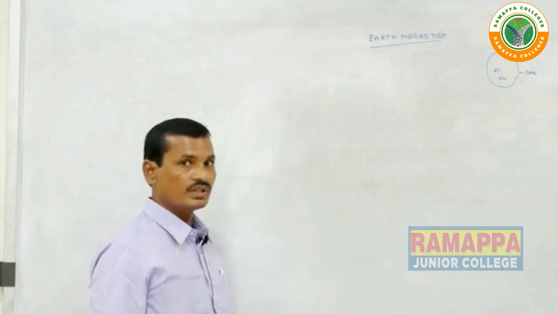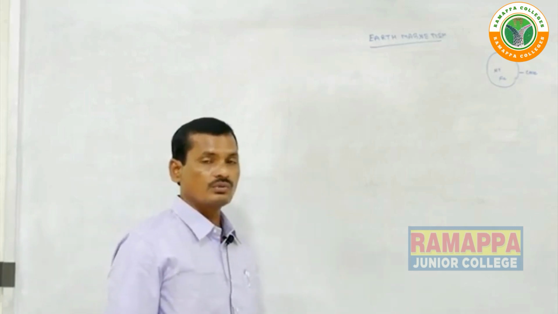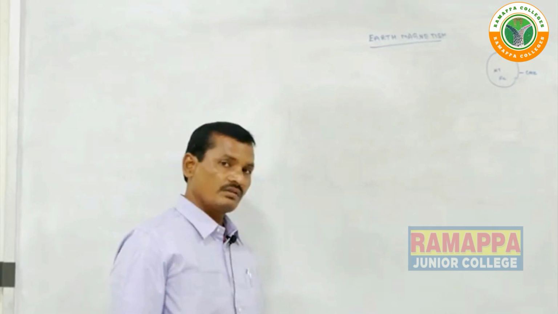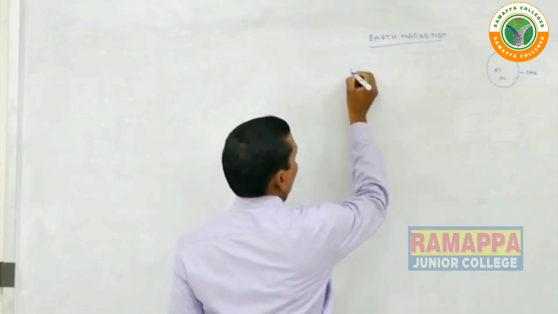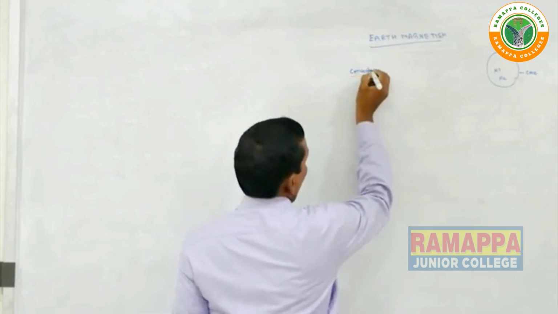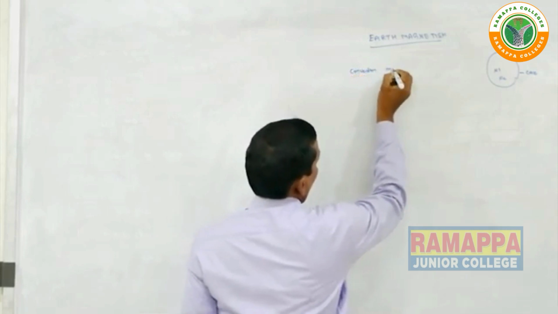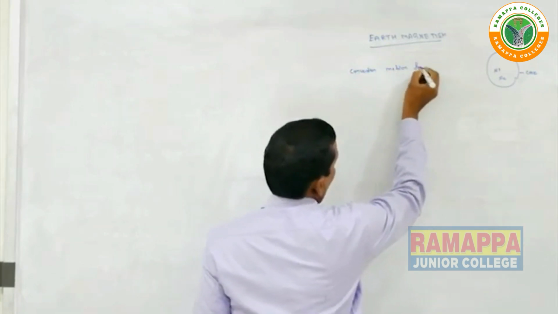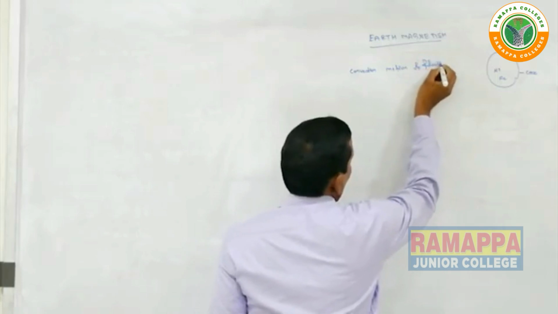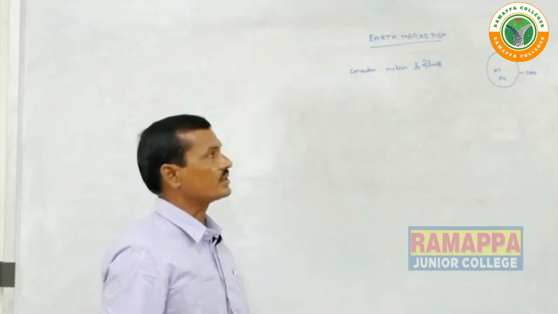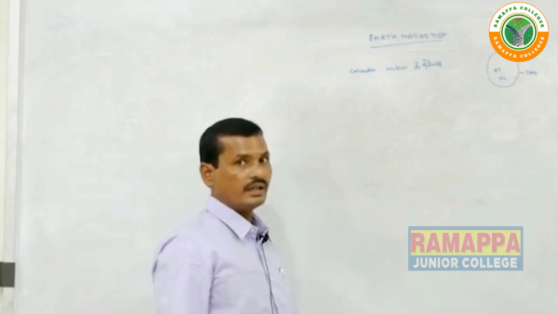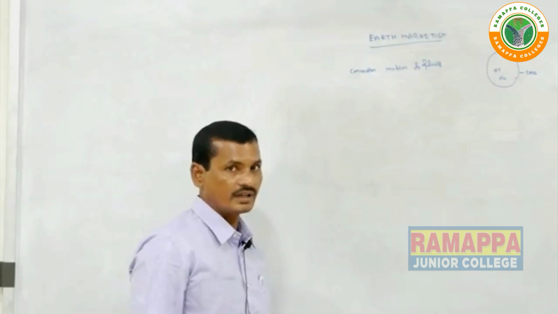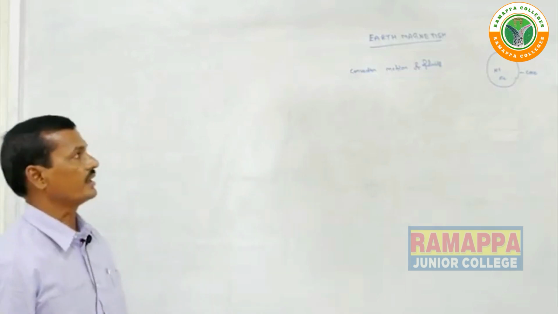Therefore, the molten fluids also move while the earth rotates. Due to the convection motion of the fluids of nickel and iron, earth acts as a huge magnet.